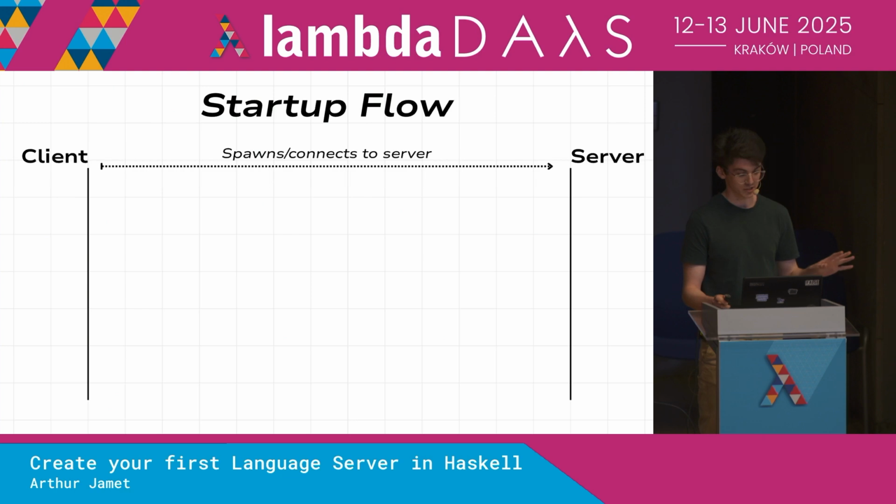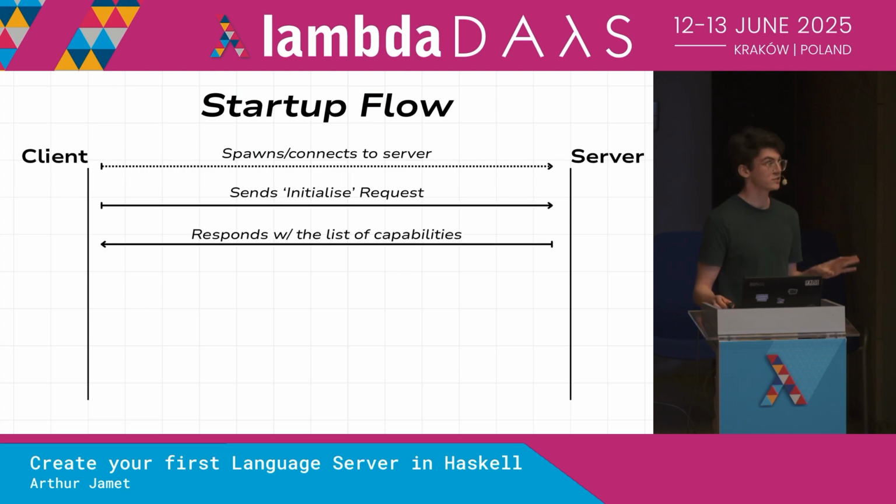Once the client knows where the LSP server is, it will send an initialize request, and the server will send back a list of capabilities. That's because the LSP protocol has so many events and requests that are possible.